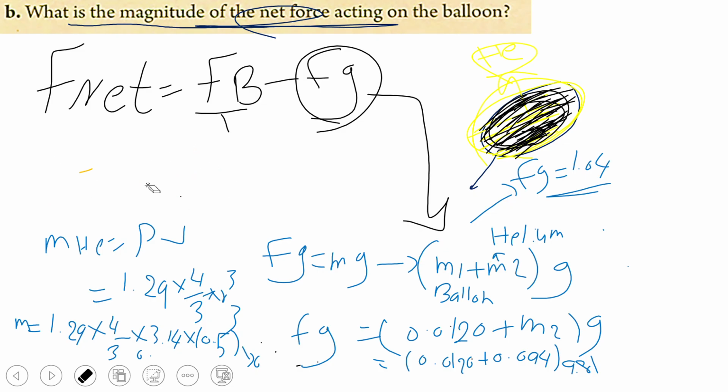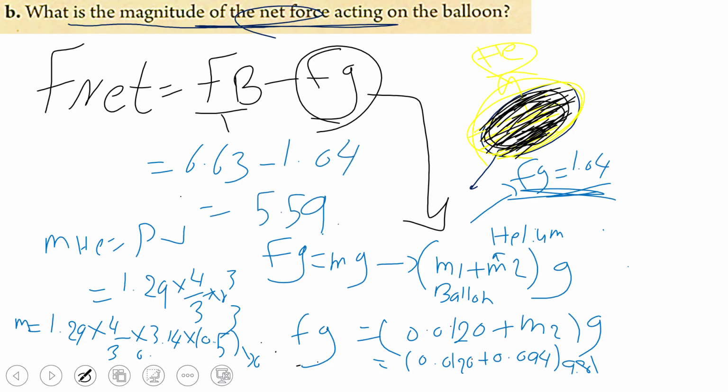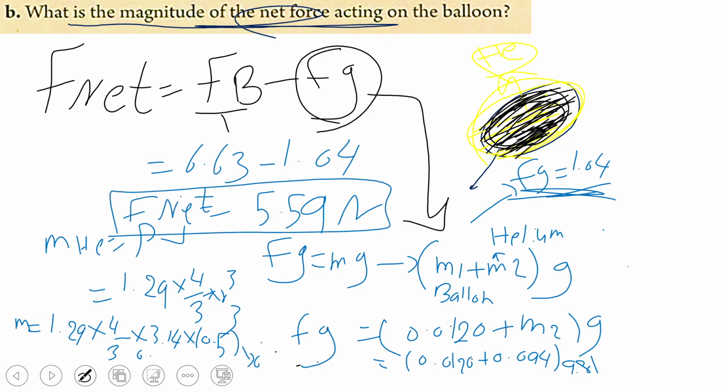So we found Fg, and the value of FB was 6.63 minus 1.04. The answer is 5.59 Newton, the value of the net force.